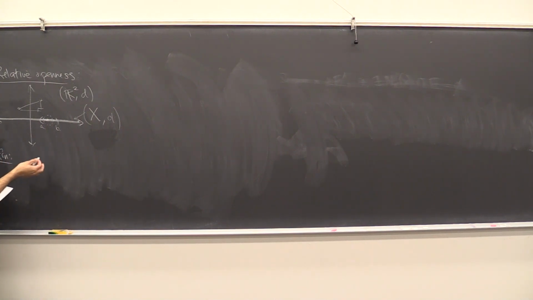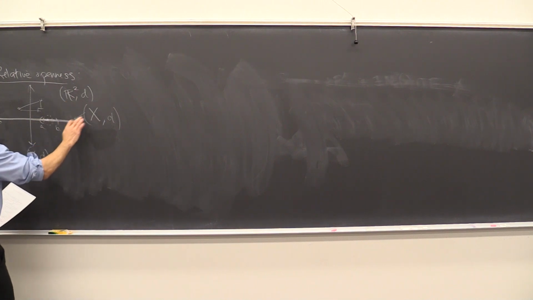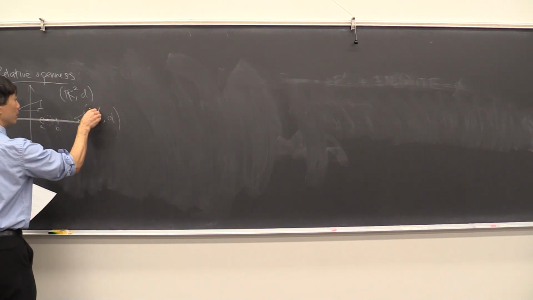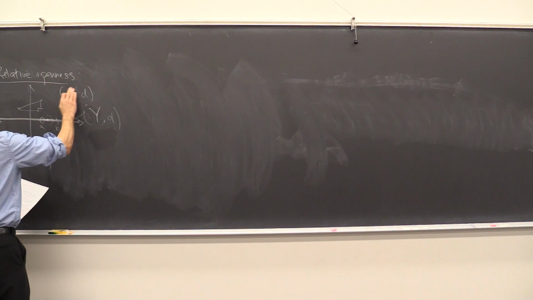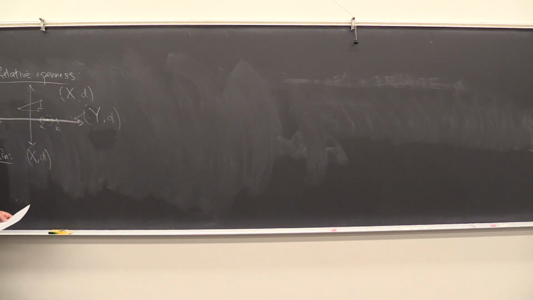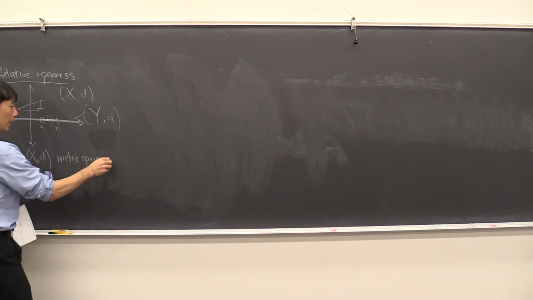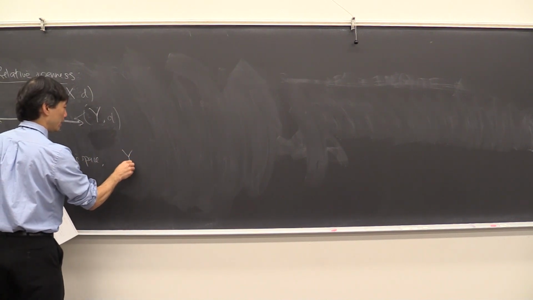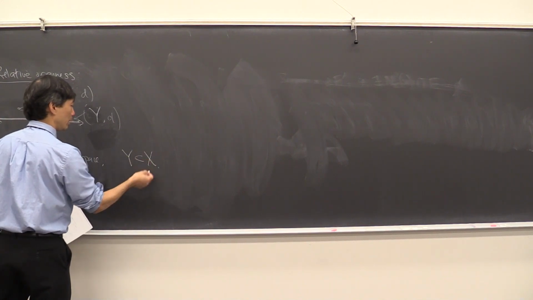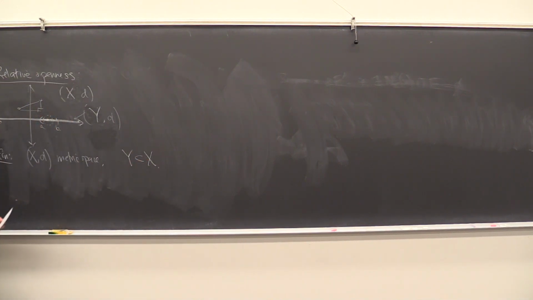So you have some space x. Sorry, they use x as the large space. I probably should have called this one y, and called the big one x. Suppose you have a metric space, and you have a y sitting inside of x, which is also a metric space with the inherited metric.